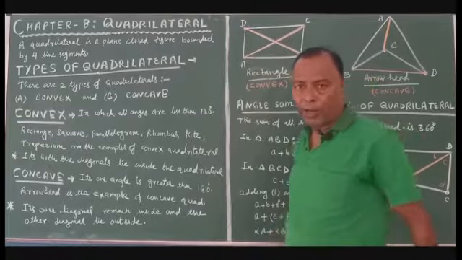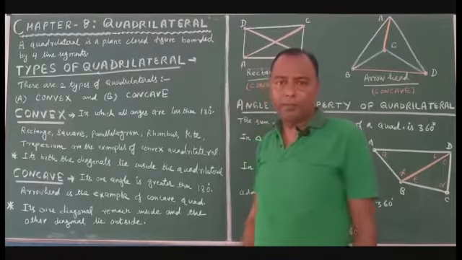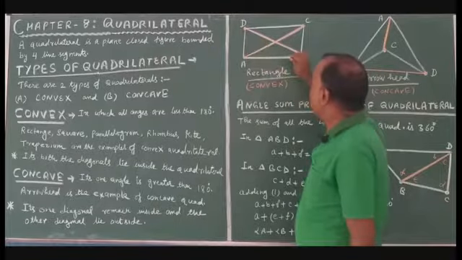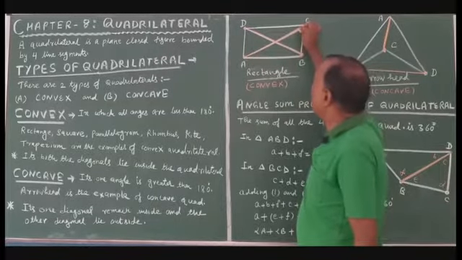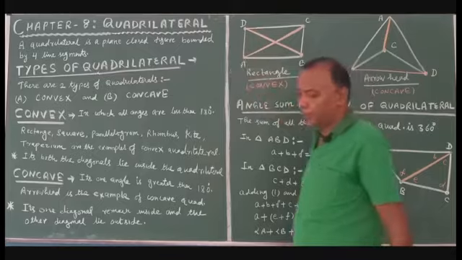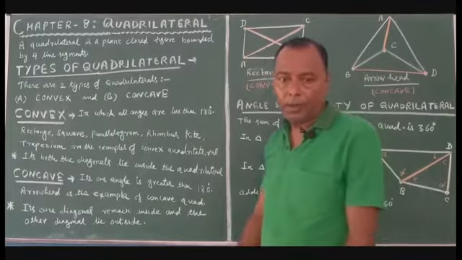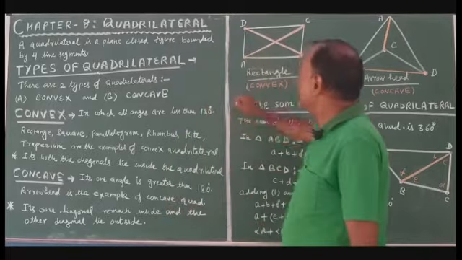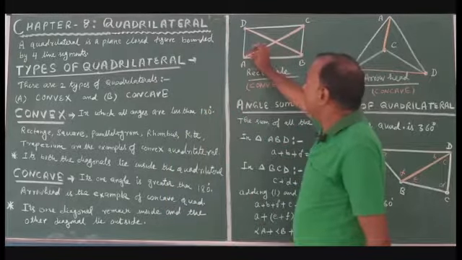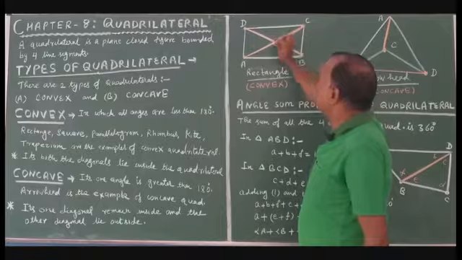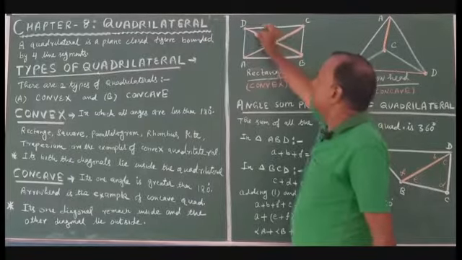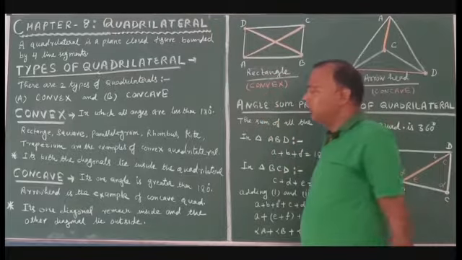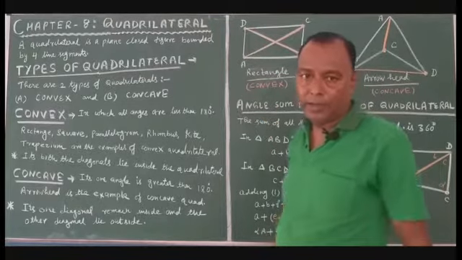It has 4 angles: angle A, angle B, angle C, angle D. It has 2 diagonals. If you join these 2 non-consecutive points, AC and BD are its 2 diagonals. Is it okay?